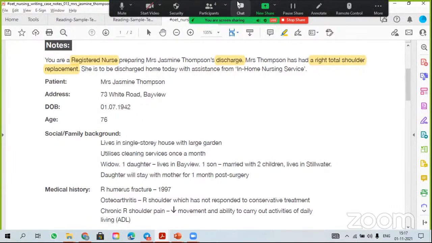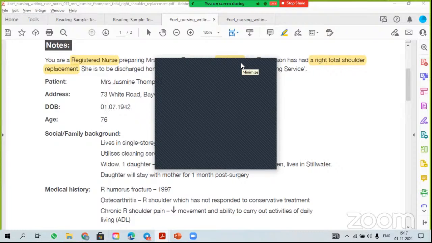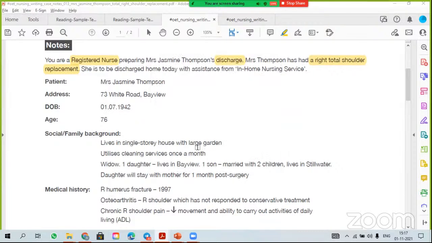Okay, fine. She is to be discharged home today. She is discharged. She is to be discharged home today.